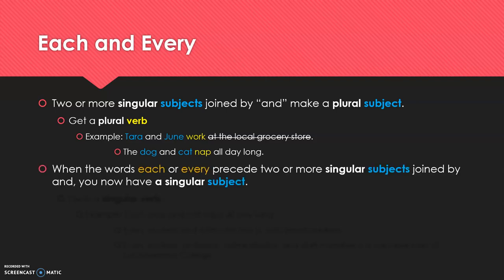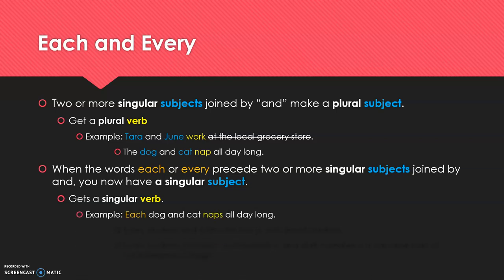Well, now here's where it gets complicated. When you add the words each or every preceding two or more singular subjects joined by and, you now have a singular subject, unlike above when you did not have these words. This means that you also use a singular verb.